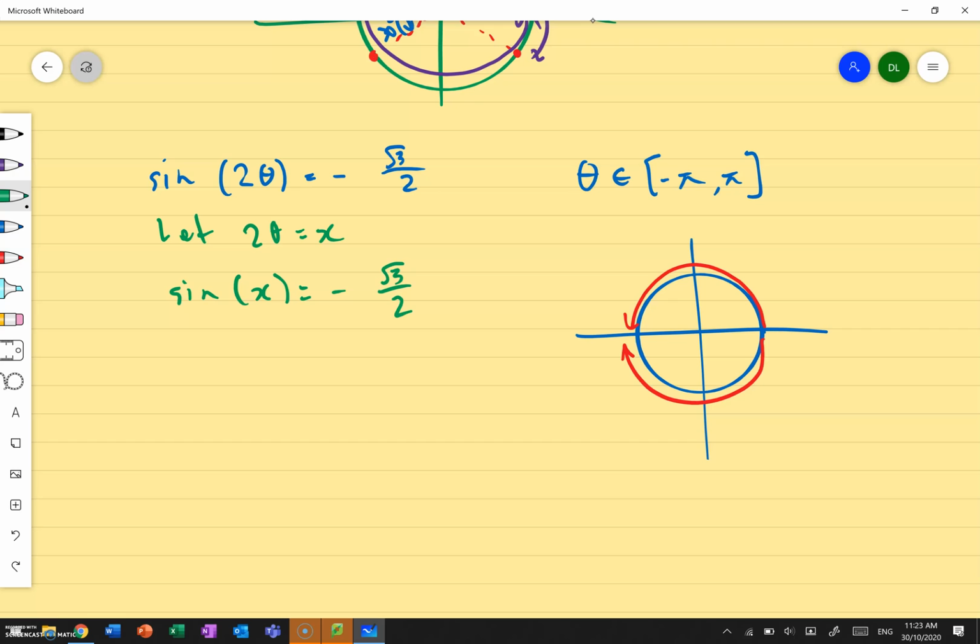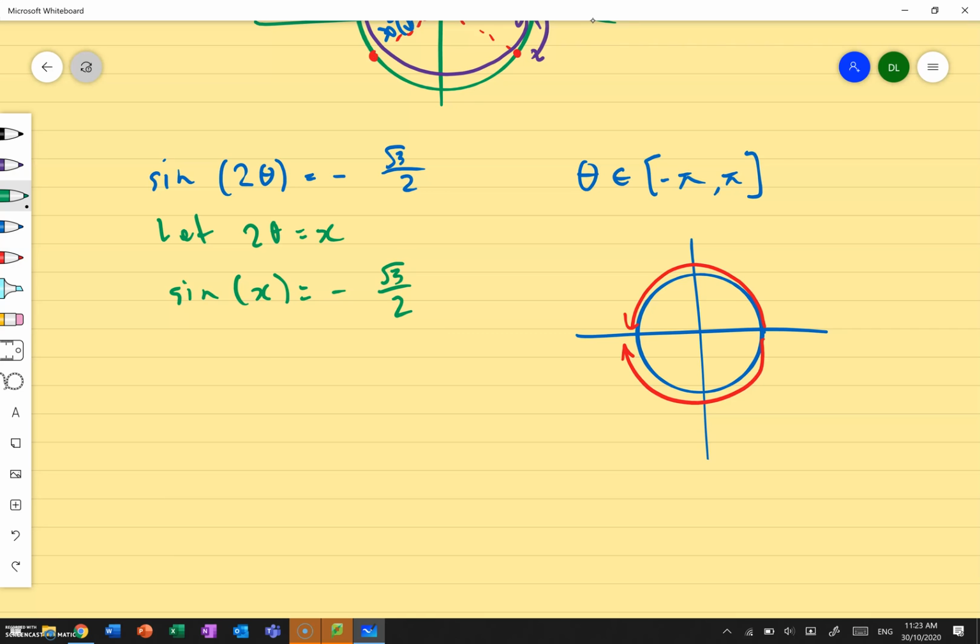It's very similar to what we did with our quadratics, where we had to substitute a value in order to solve it. Because x is double theta, our domain has to also double. If x is twice as big as theta, then it makes sense that the domain of x is also twice as big as theta's.